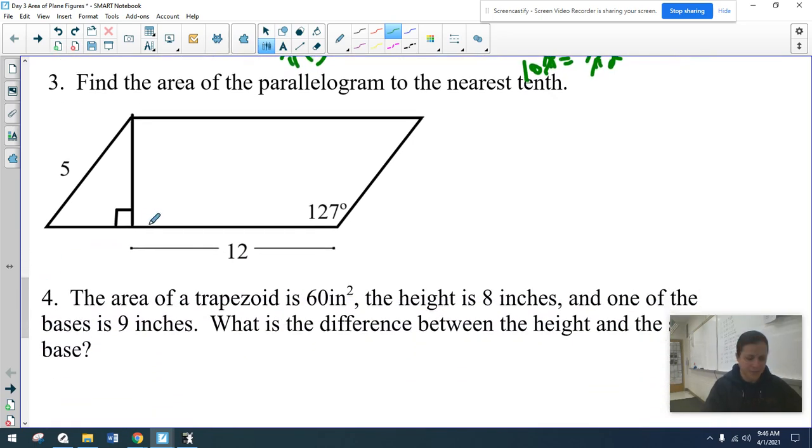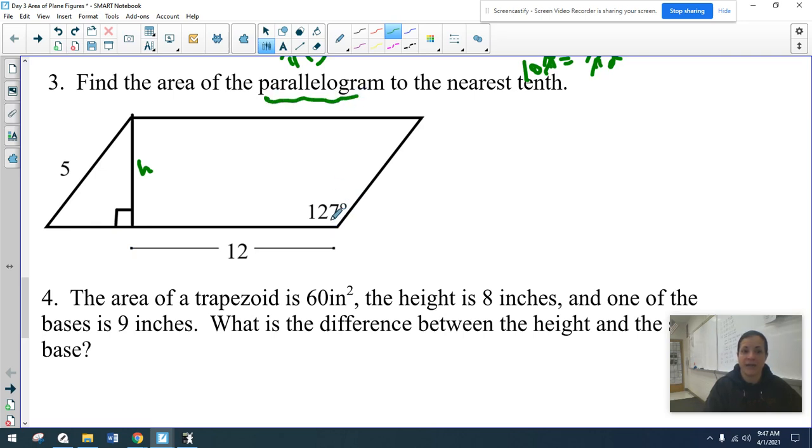Okay, last couple. This says the area of a parallelogram to the nearest tenth. So I need the area of this parallelogram, which means I need base times height. So I need to find this height, and I need to find the rest of this because this only goes from here. So I only have from here to there. So a couple things I need to do. First of all, this is 127.